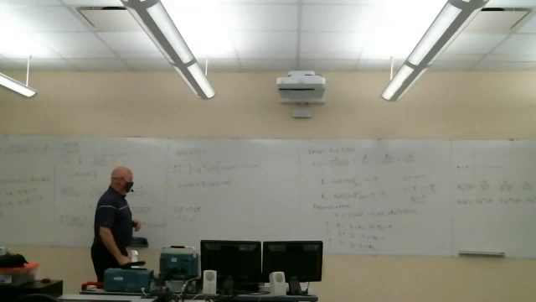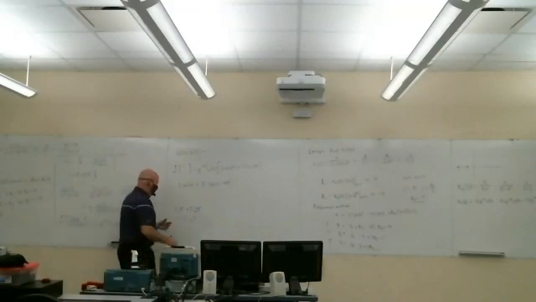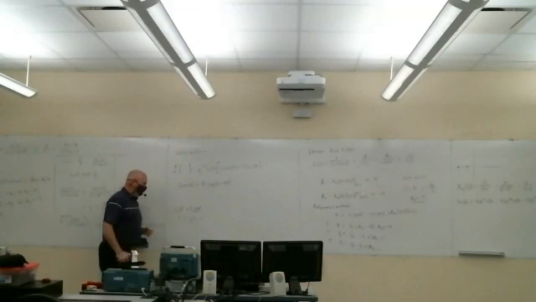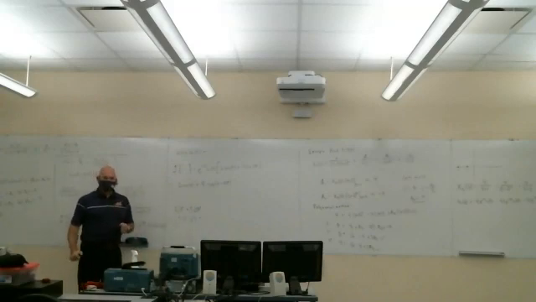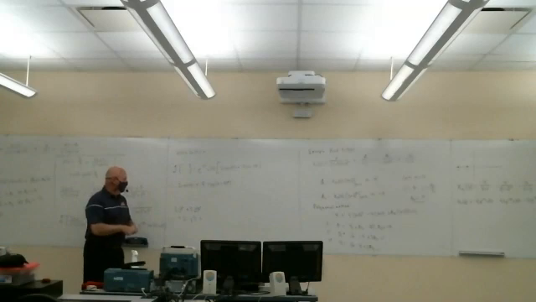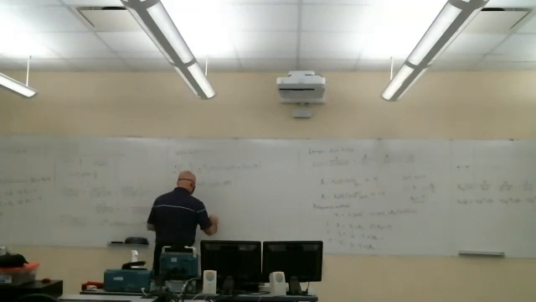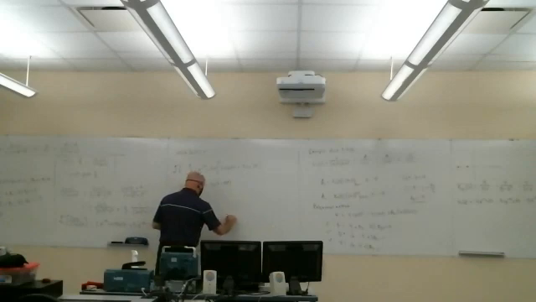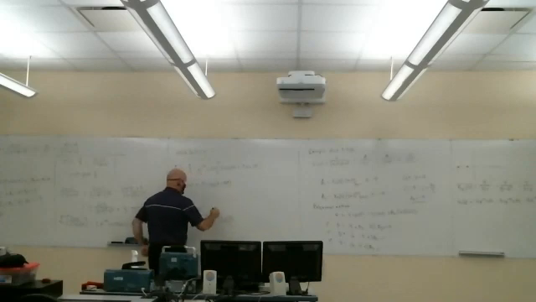If someone has a calculator and can tell me what 2 minus j5 is in polar form, we can go home. Magnitude is going to be the square root of the sum of squares of 2 and 5, right? So it'd be square root of 29 is the magnitude. The angle is minus arctangent of the imaginary part over the real part.